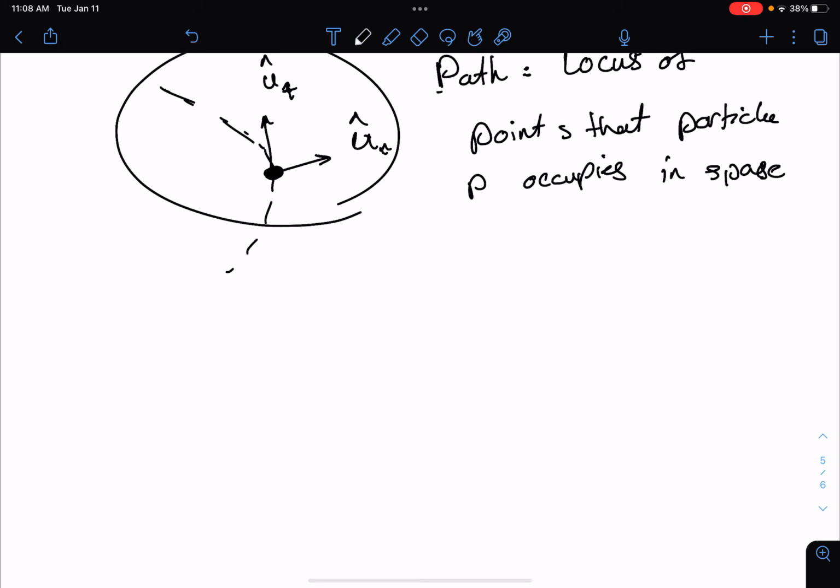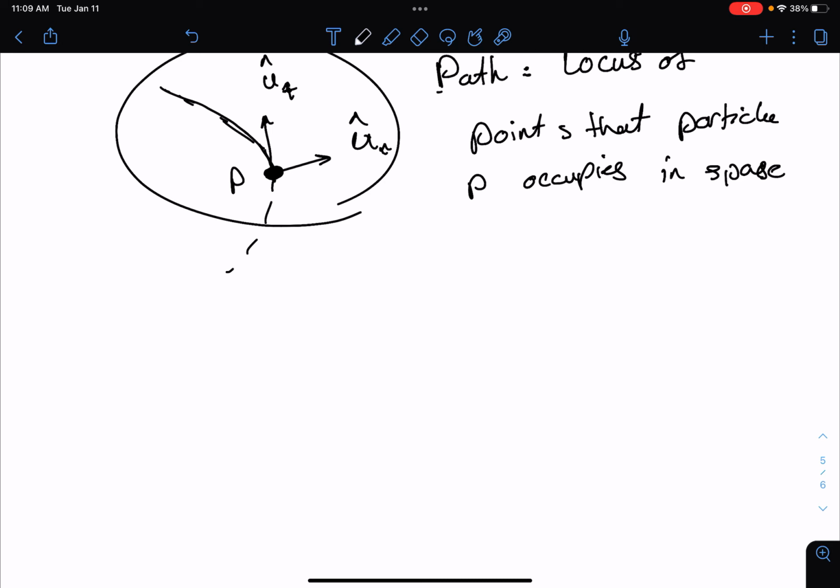First of all, let's say I want to define velocity. I want to find the components of velocity using this coordinate system. I want to sit on the particle and find the velocity vector based on this coordinate system. What would be the velocity vector? It will be in the direction of u tangent, essentially.